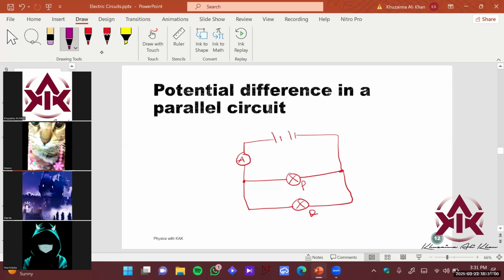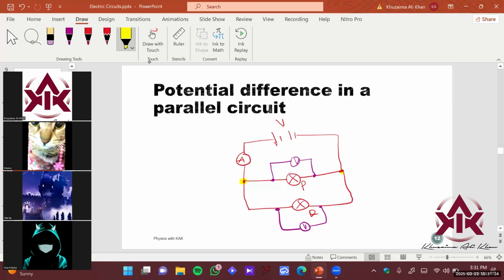And I'm measuring the voltage across this using 2 voltmeters. This is voltmeter V, and this is the voltmeter for lamp Q. The EMF of the battery is V, and this is the two nodes of the battery.